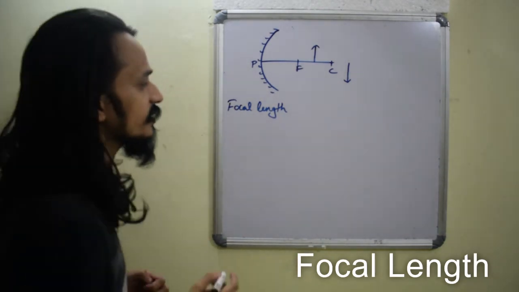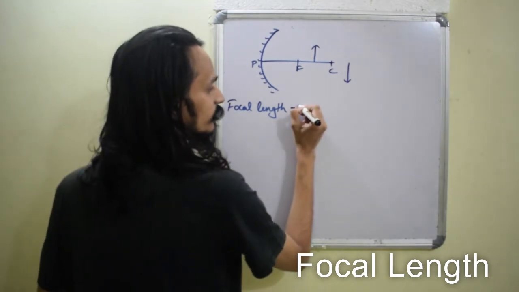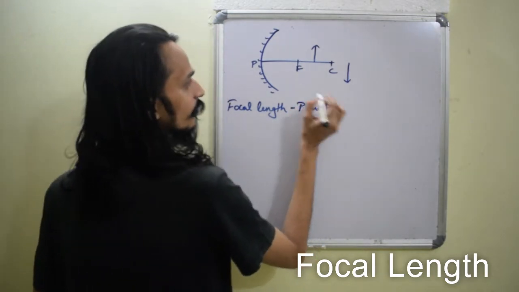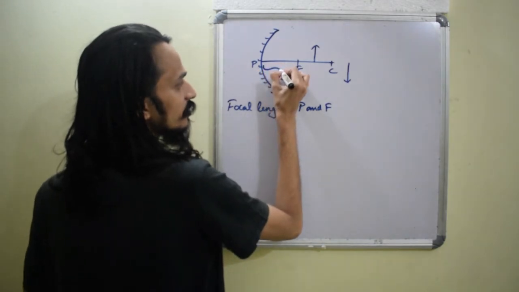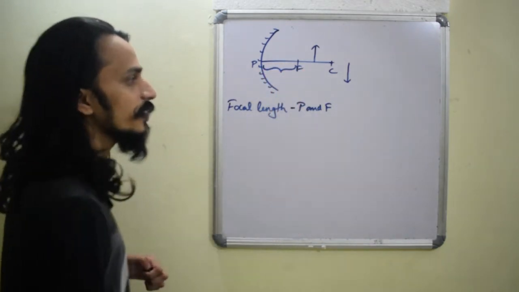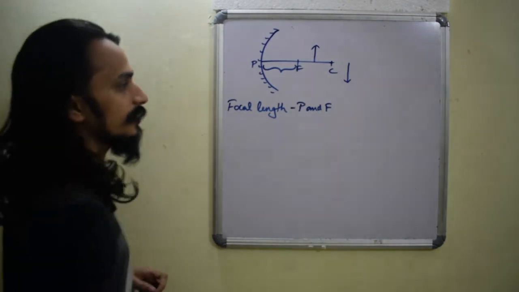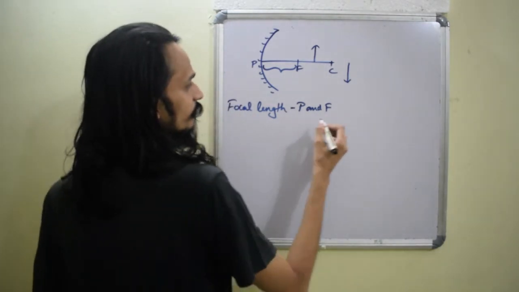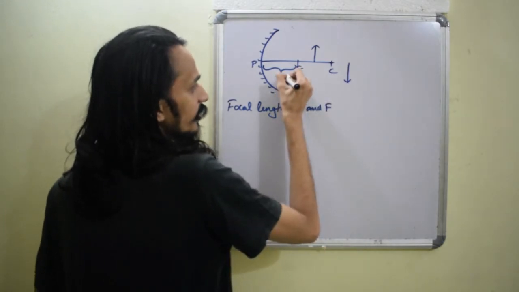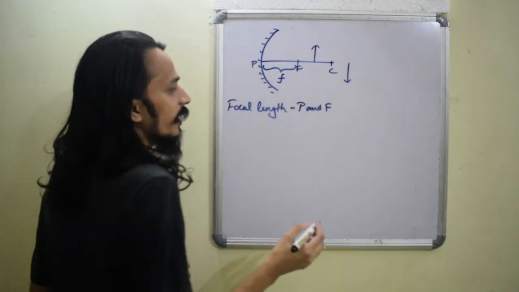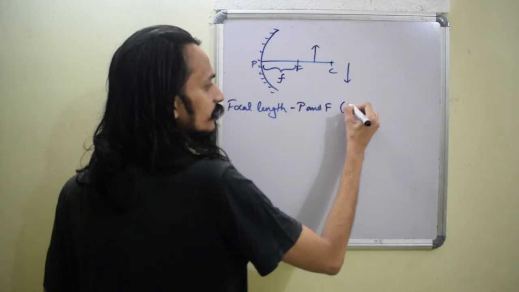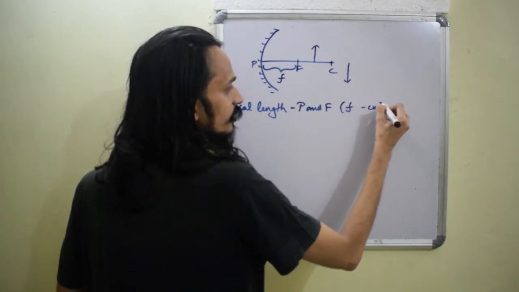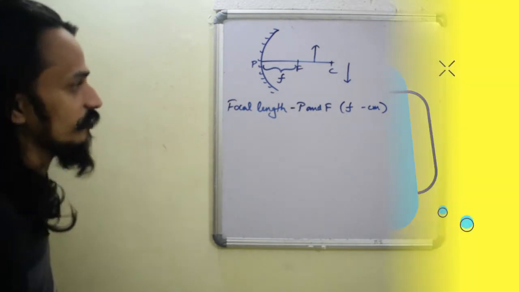Focal length is nothing but the distance between P and F, so this whole distance will be my focal length. This is counted in centimeters, and it is denoted by a small f.